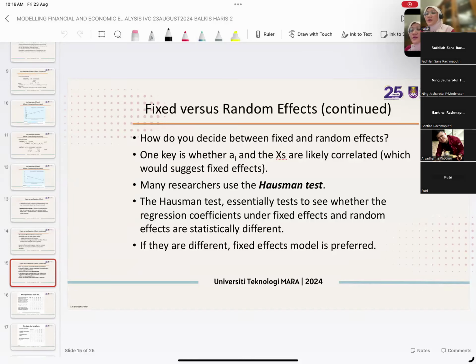And if they are different, the fixed effect model is preferred. Under H null, we say that the random effect will be used. If we reject H null, we say that we use the fixed effects.